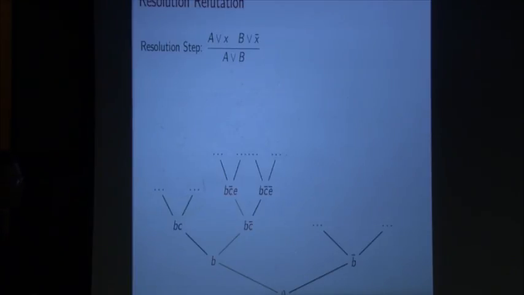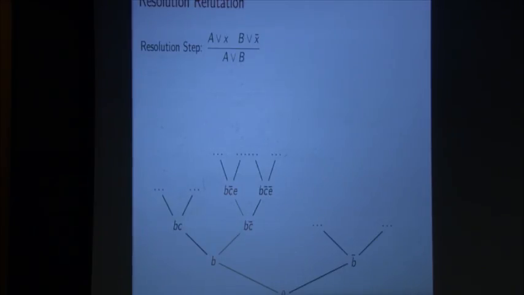Another thing I want to mention, I don't know how many people have seen refutation in general, but the main goal is to prove that a set of clauses is unsatisfiable. You start with them as sort of axioms, and then you derive more and more clauses until, if you derive the empty clause, then you prove that they are contradictory.